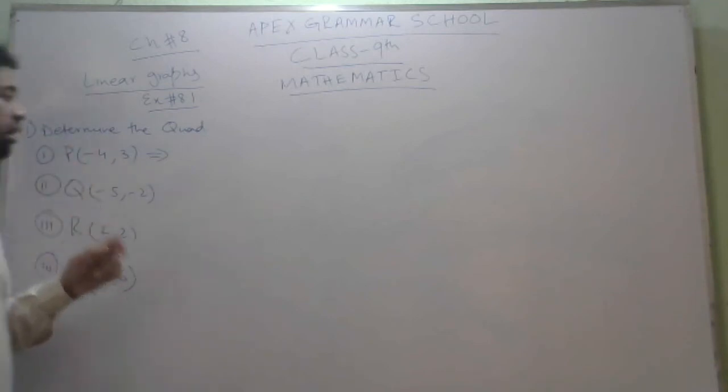That is the second quadrant. So within the second quadrant, you need to draw these values, because for the second quadrant, the values of x are negative, but the values of y are positive.